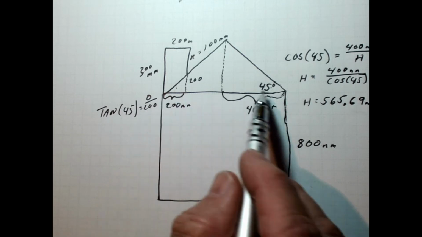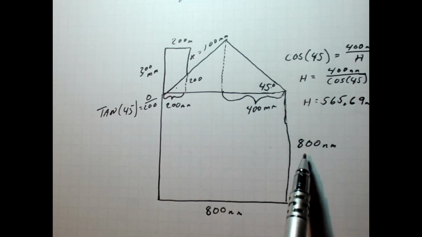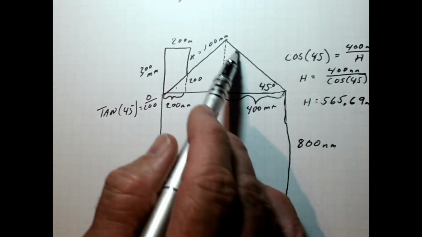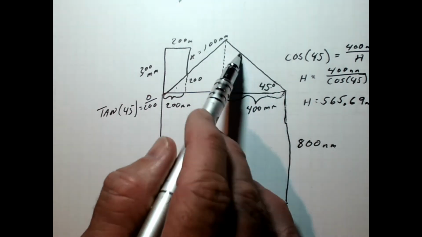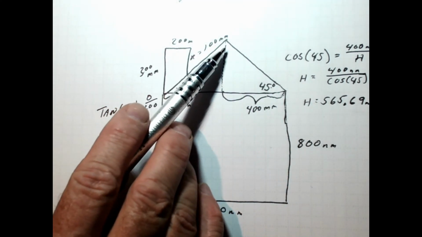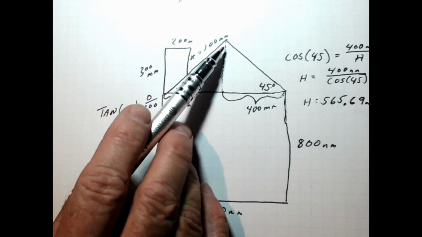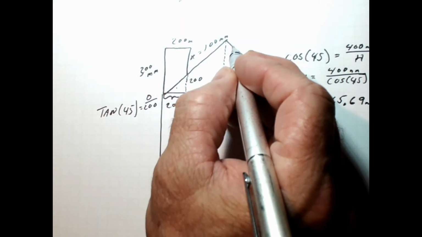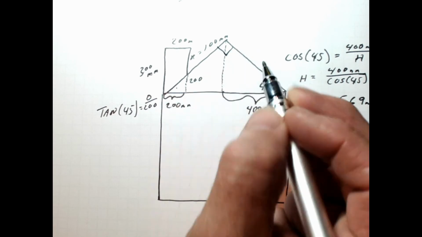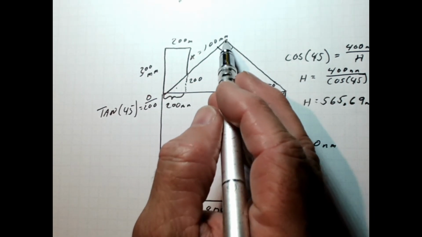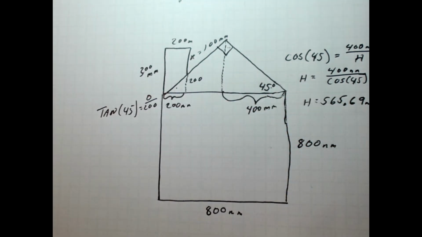I've got my four sides of my square, 800 millimeters each. My hypotenuse right here, I'm going to make a 45-degree turn, go 565.69 millimeters. Since I've got 45 degrees on each one, that means this is going to be a 90-degree turn, and come down another 565.69 millimeters. All right, so let's start working on the programming.